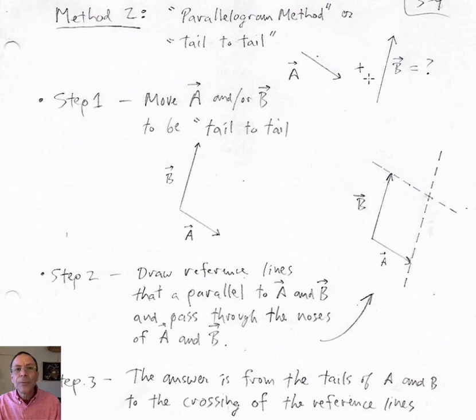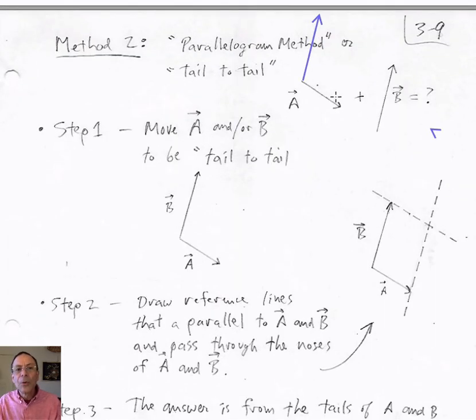And what you do is you move them so that they are tail-to-tail. So let's say I have a vector right here, and I could move it so that its tail is, okay, so I moved B so that its tail is on A. And so what you end up with is this arrangement, right?